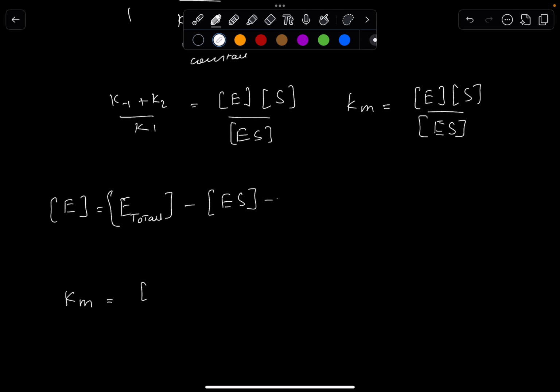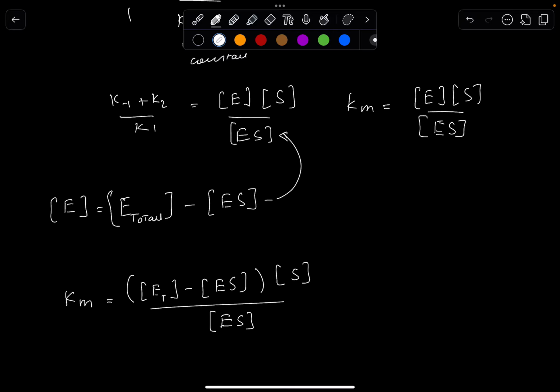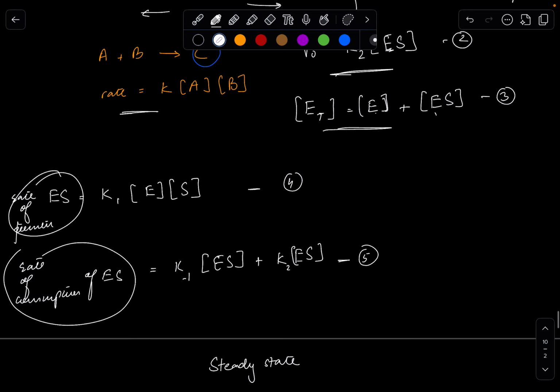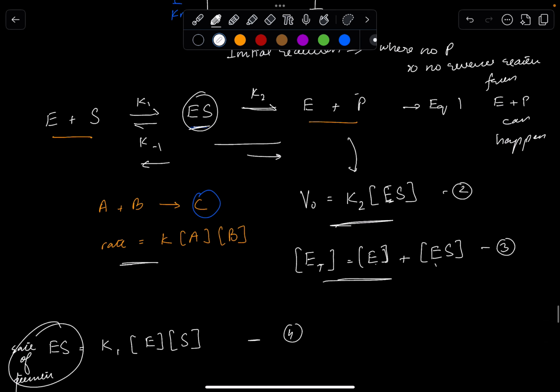So I can plug this into this equation and I can say Km equals E total minus ES, right? Brackets S divided by ES. Now, what am I trying to do? What did I say we're trying to do? We're trying to write an equation in terms of ES, right?